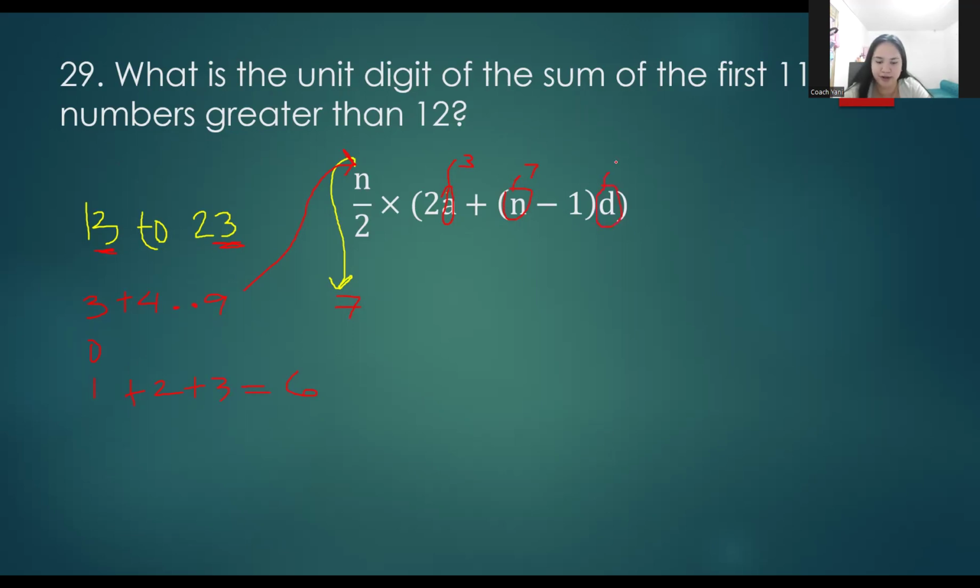It's just 1. So if you do that, you have 7 over 2 times 2 times 3 plus 7 minus 1 is 6 times 1. It looks like this.